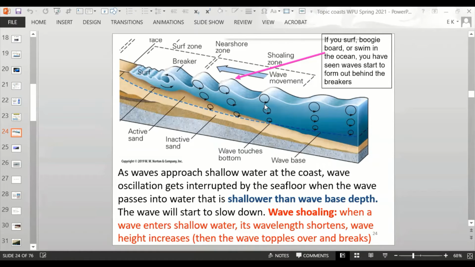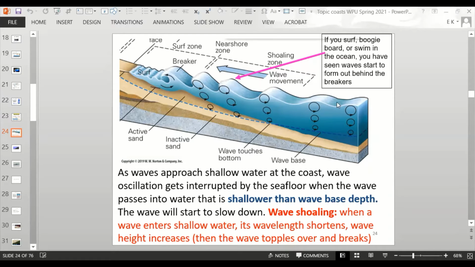At this point, you would start to see a little bit of movement at the surface of the water. That's where, if you ever go swimming in the ocean, you start to see a white line forming, and you start to see a wave start to rise up a little bit.